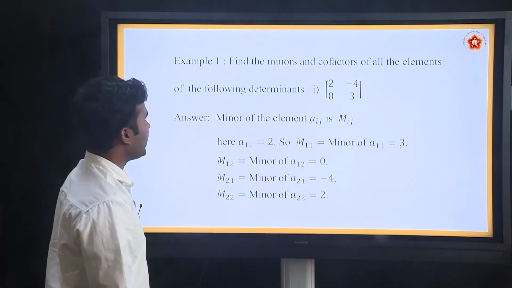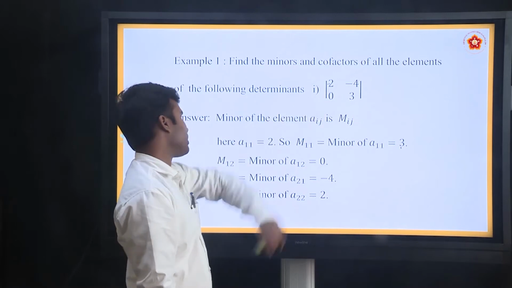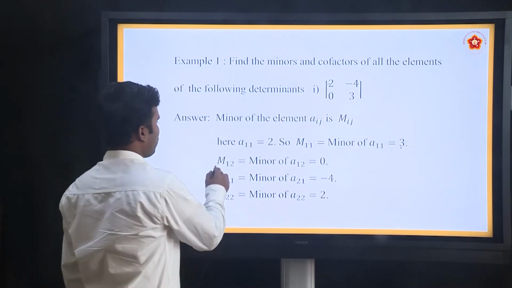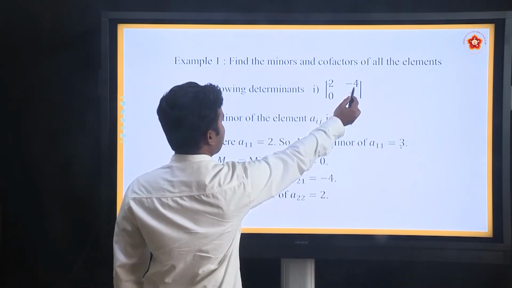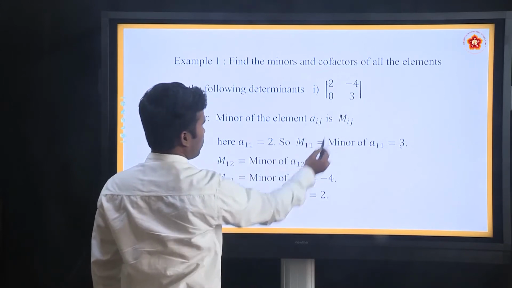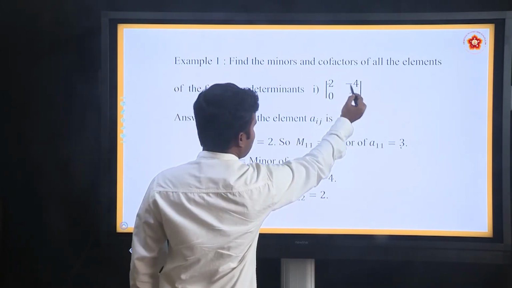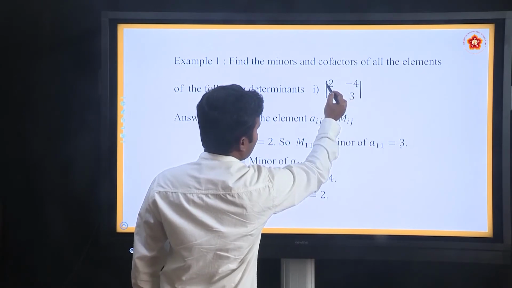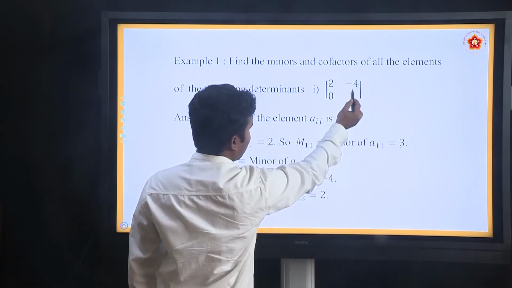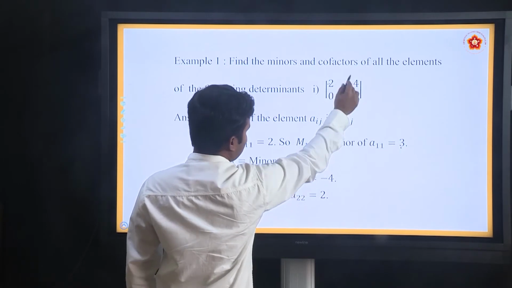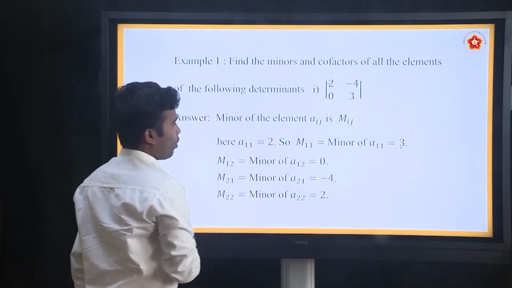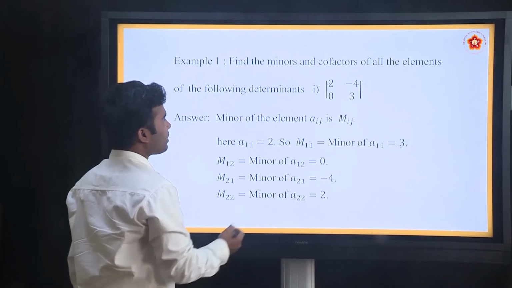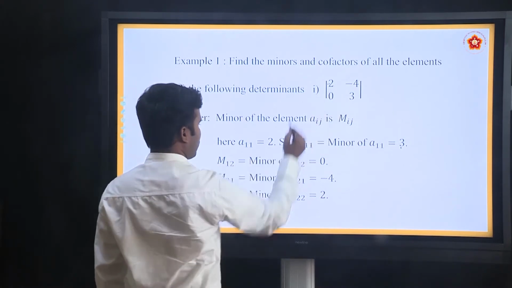Okay. So, again similarly you can do it for another element. M12 means minor of a12. You just delete the first row and second column, where minus 4 lies, and the rest of the element is nothing but the minor of that particular element.